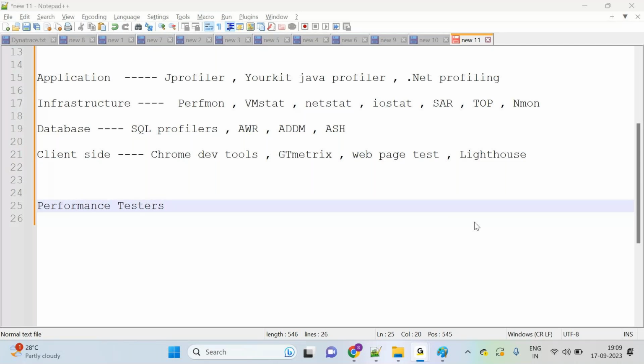These are the industry familiar APM tools. I'm not particularly branding any tool, but nowadays the trend is moving towards these APM tools, because the task is a little easier. If you want to do problem identification, it is easier provided you have an APM tool in your organization. That's why learning APM tools is important.